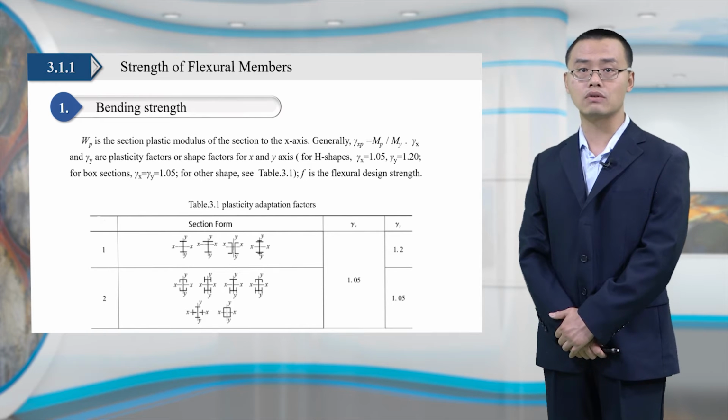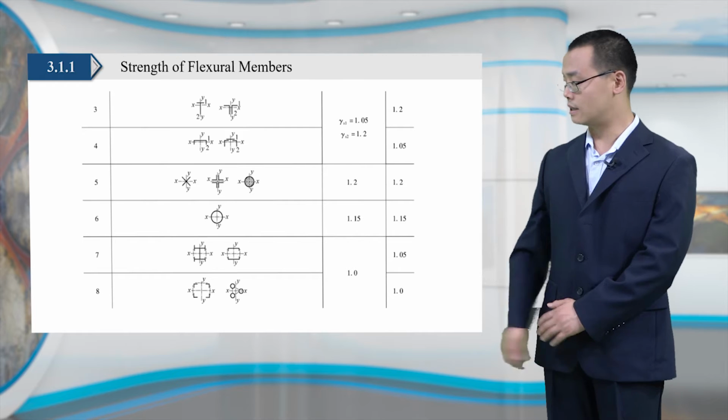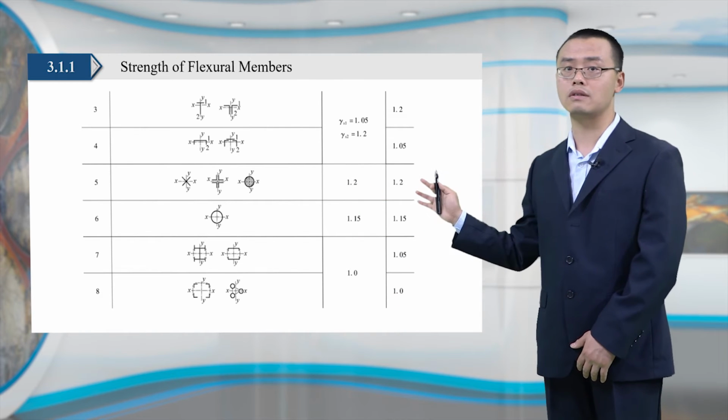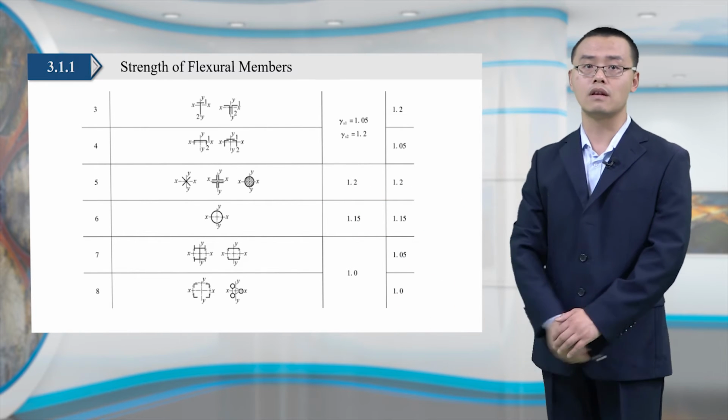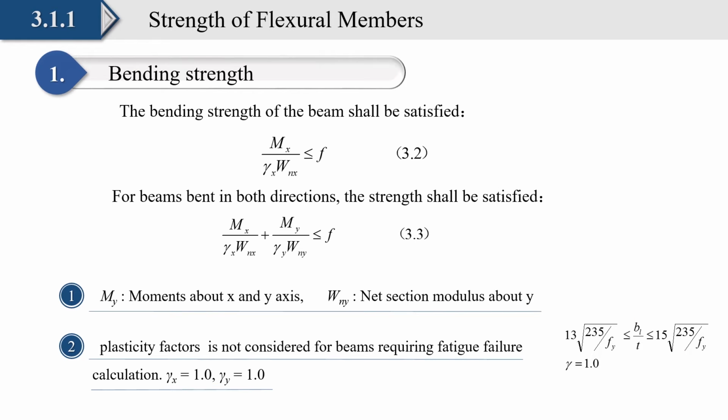F is the flexural design strength. You can see there are different factors around the x and y-axis for different sections. The bending strength of the beam shall satisfy formula 3.2. For beams bent in both directions, the strength shall satisfy formula 3.3.